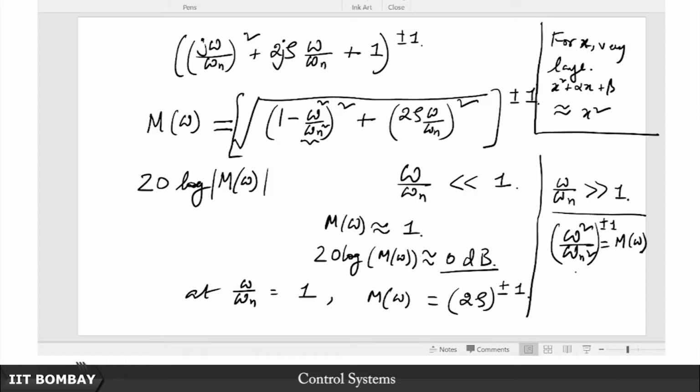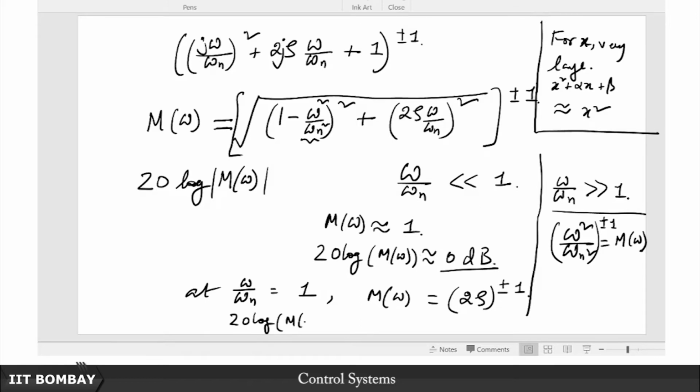So we have plus minus 1. So, 20 log of m omega is equal to 2 zeta to the power plus minus 1. So, if it is a zero, it is 2 zeta, if it is a pole, it is 1 by 2 zeta. Now, let us look at this.